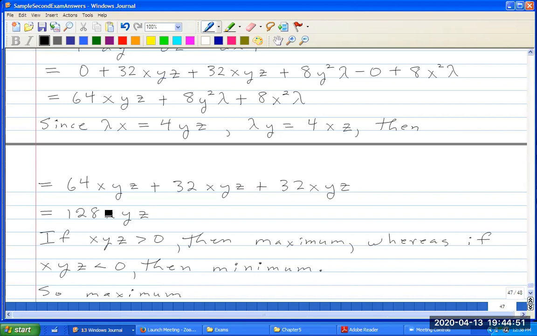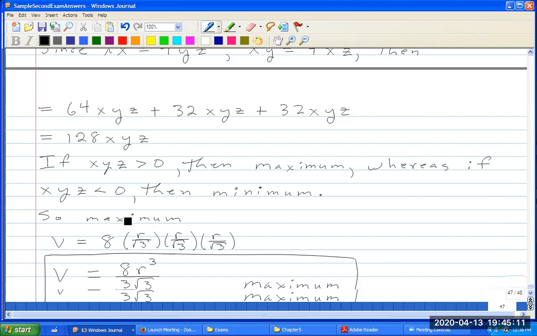And so I then get this term here. Well, if this is greater than 0, then we're at a maximum. If it's less than 0, we're at a minimum. So to get a maximum, all these must be multiplied out to be greater than 0.